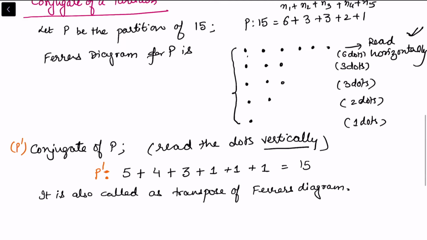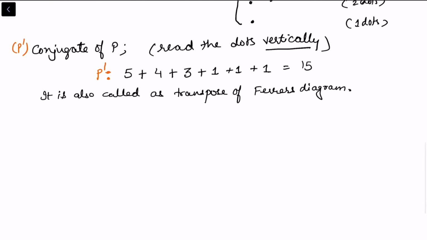This is the conjugate of P, and corresponding to this, if I want to draw the Ferrers diagram for P dash, it is exactly in the same way as I've drawn earlier. So we have 5 dots in the first row, followed by 4 dots in the second, the third has 3 dots, then 1 dot, 1 dot, 1 dot.